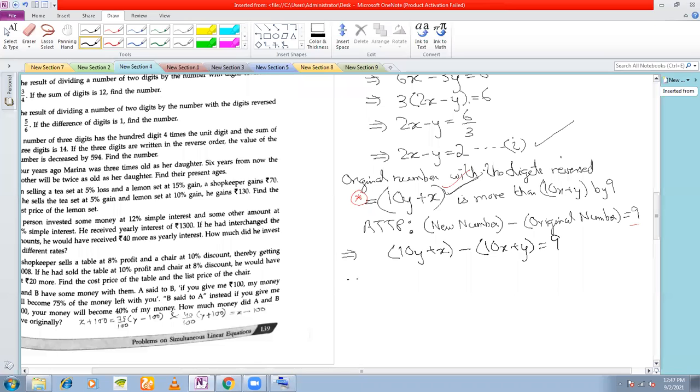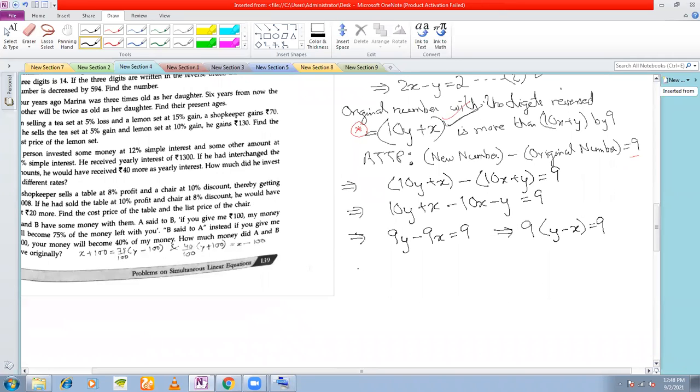Now this will give our second equation: 10y plus x minus 10x minus y is equal to 9. So 10y minus y gives me 9y, and x minus 10x gives me minus 9x, is equal to 9. Now I can take 9 common. I get y minus x is equal to 9 by 9. That means y minus x is equal to 1. This is my second equation.